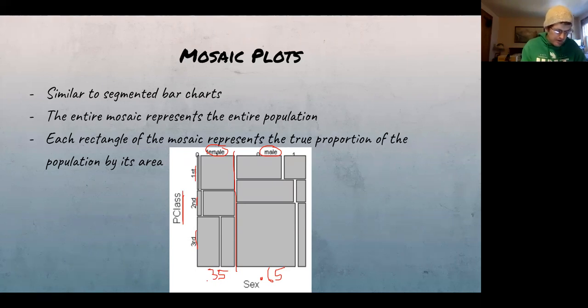It looks like there's quite a few who were in first class compared to men, proportion-wise. And then there's probably a pretty even proportion breakdown between men and women in second class. And then there are obviously a higher proportion of males in third class than there were females.